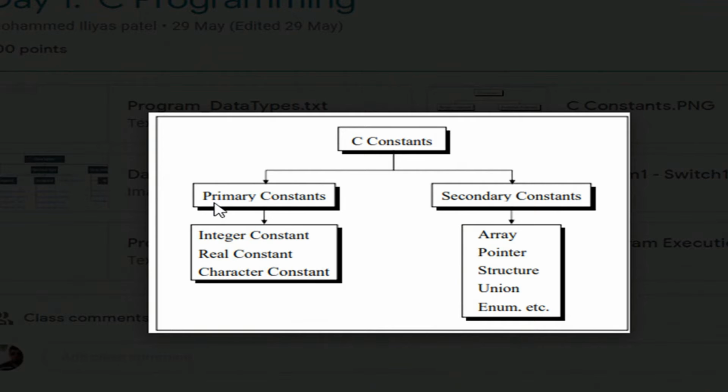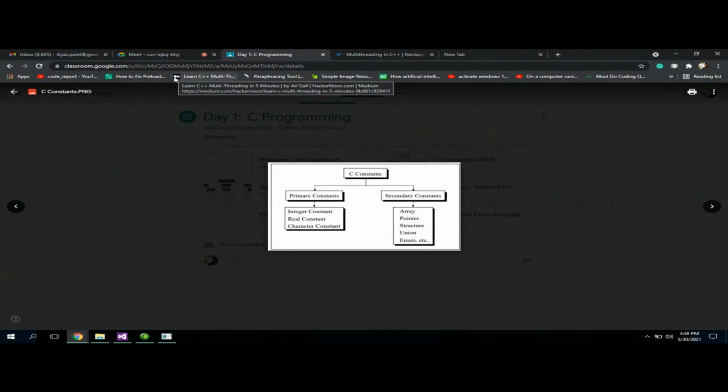So there are different rules when it comes to primary constant. Let's start with the first rule on integer constant. Whenever you define any integer value, your integer must have at least one digit. It can be positive or it can be negative. Now let's say if I define an integer, integer i equals 10.